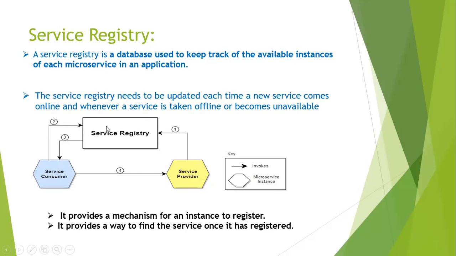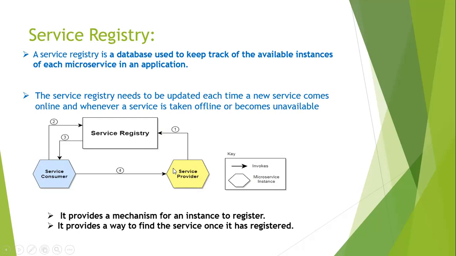If you see the diagram, the service registry has a service provider and a service consumer. It needs to be updated each time a new service comes online. It provides a mechanism for an instance to register. First, it will register in the service registry, and it will find the service for that instance.